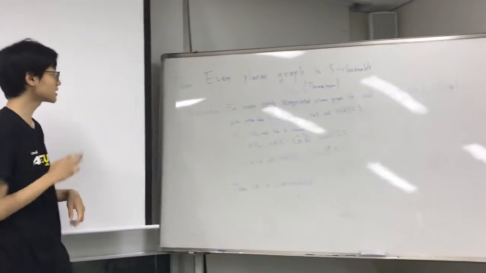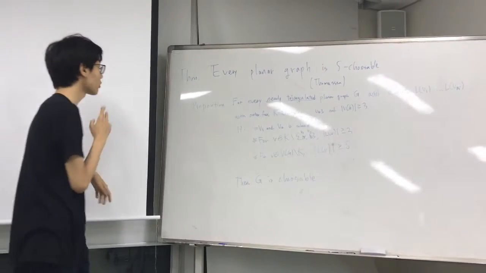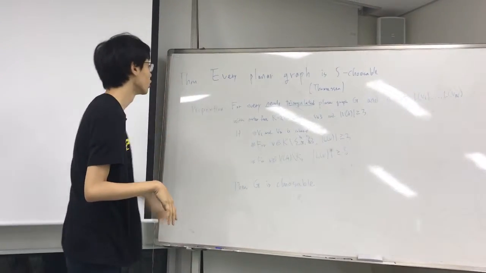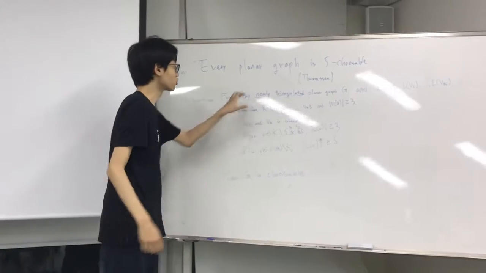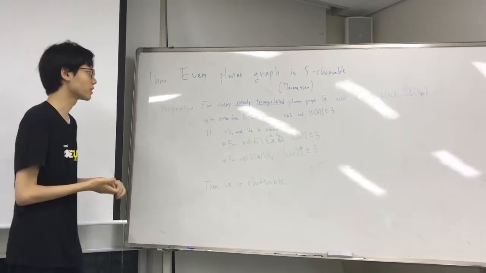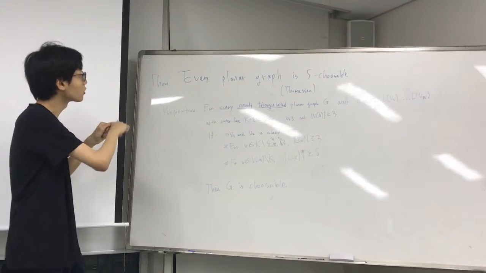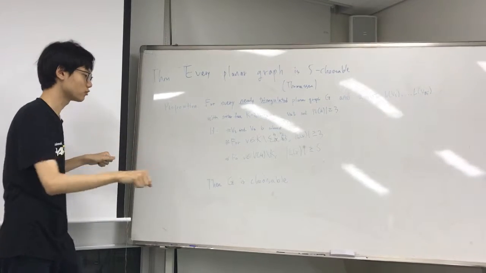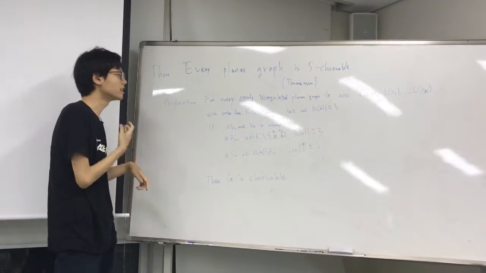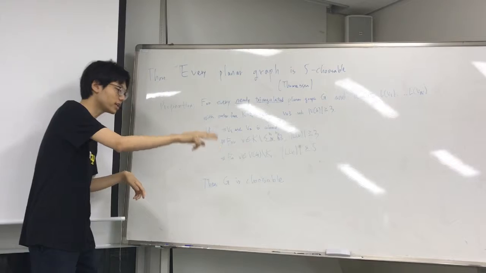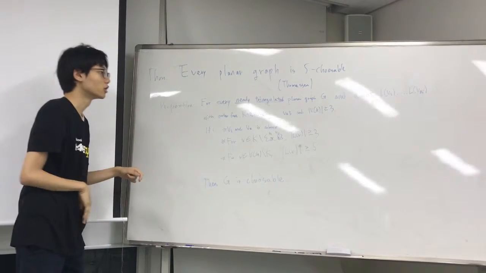So this is actually a strengthened version of the theorem. We can assume that the graph is nearly triangulated because, by definition, a graph is nearly triangulated if every inner face is a triangle.